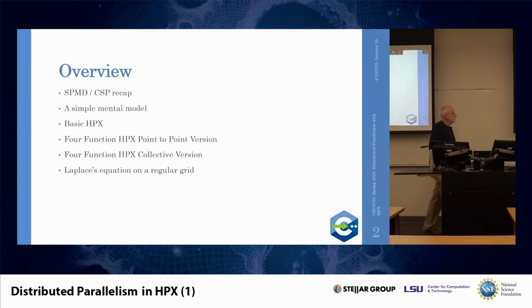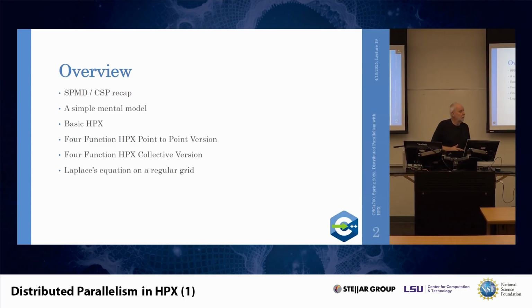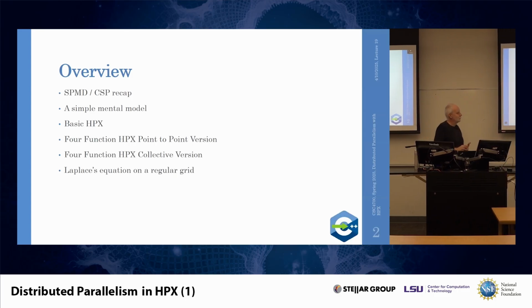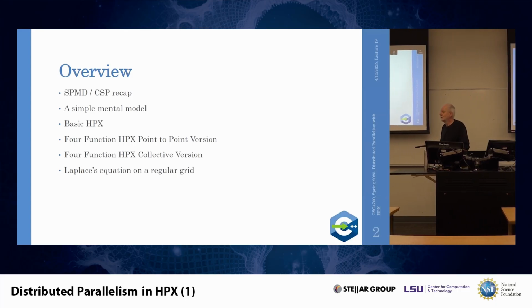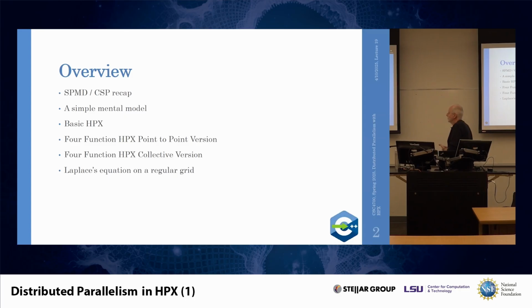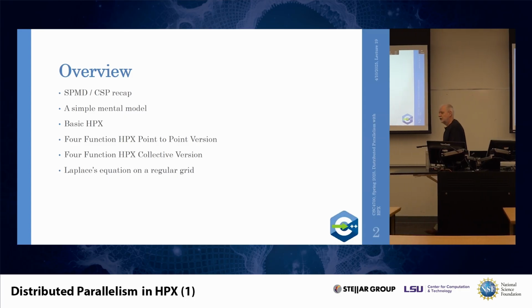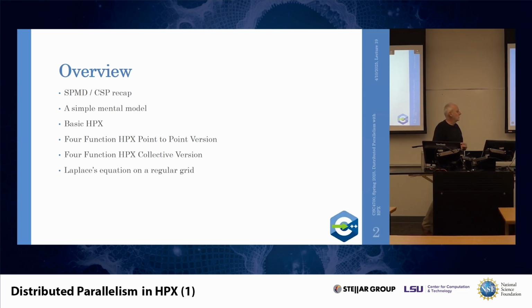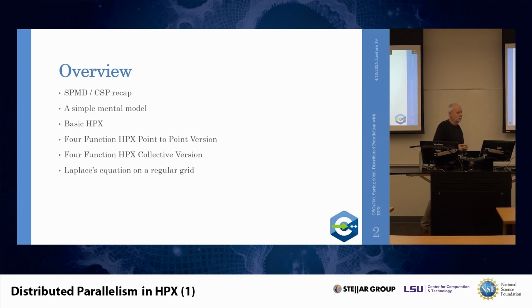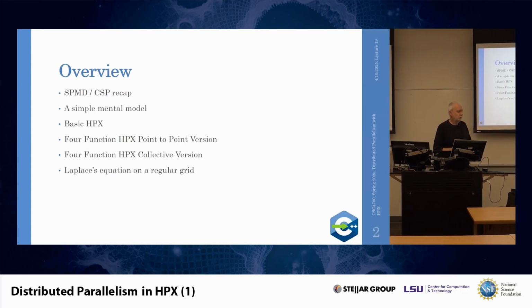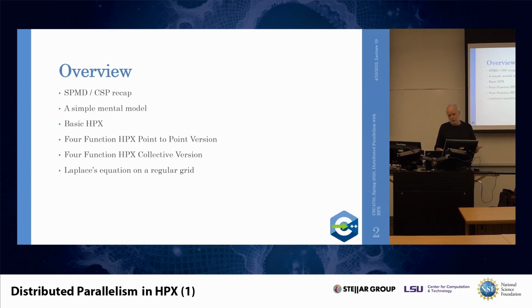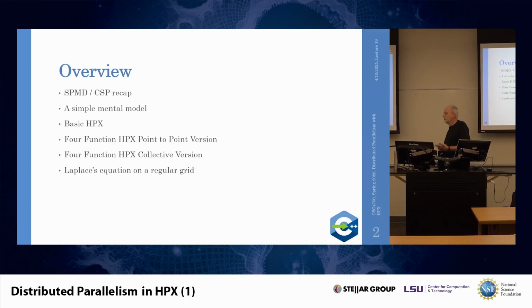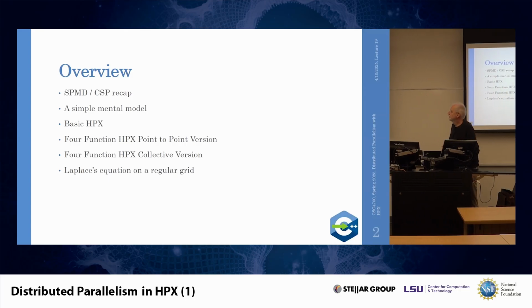I want to introduce 2 very simple, what I call 4-function HPX codes. One that will focus on point-to-point communication, where 2 localities communicate with each other exclusively. And the other one is about collective communication, where many localities, many nodes participate at the same time in that communication operation.